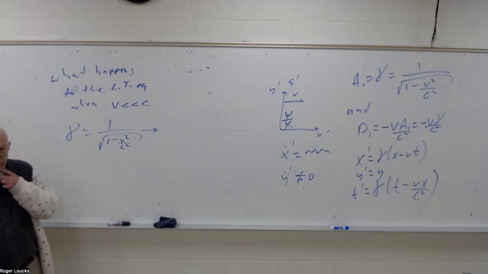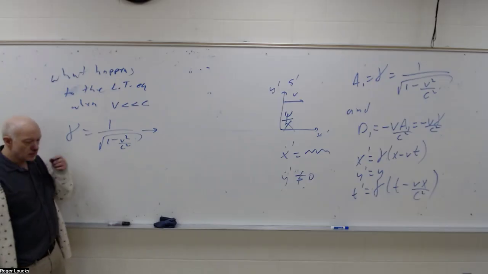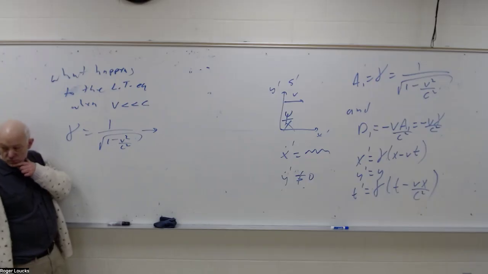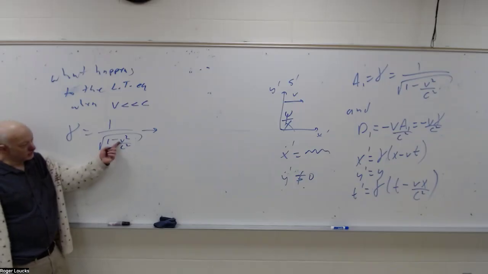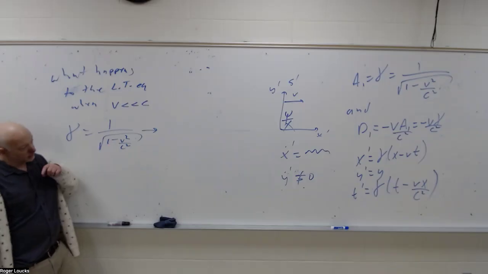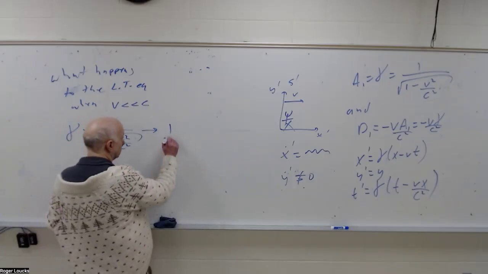What's the smallest gamma can be? If your velocity is zero, that's going to make the denominator as big as possible, and so the smallest value gamma can be is going to be one.